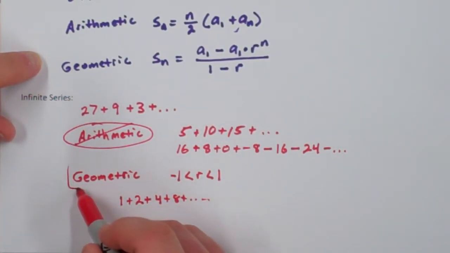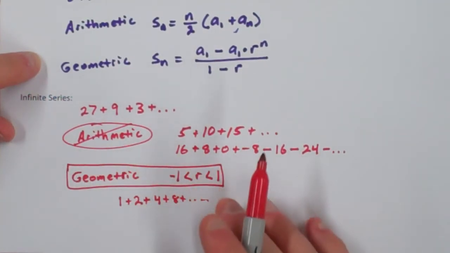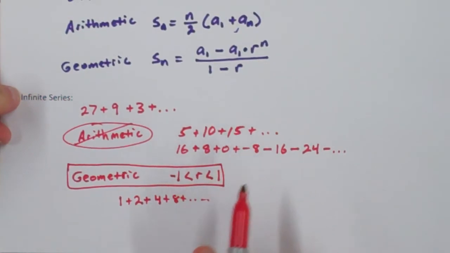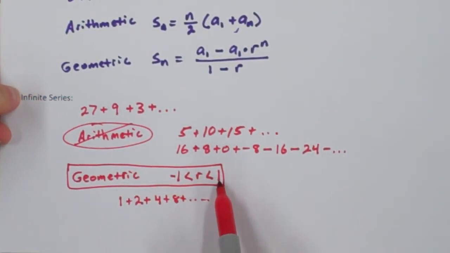So what I'll do is I'll go ahead and box this in. This is key. An infinite series, to approach some value, for it to exist, it has to be geometric, and r has to be between -1 and 1. If that's the case, then you can actually find that.